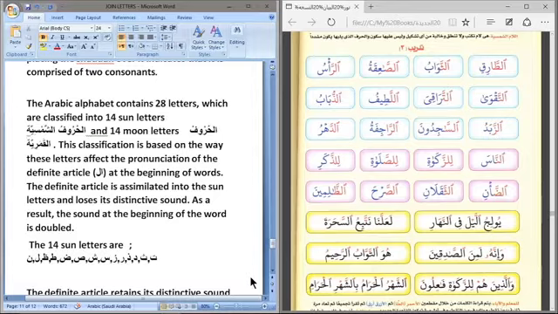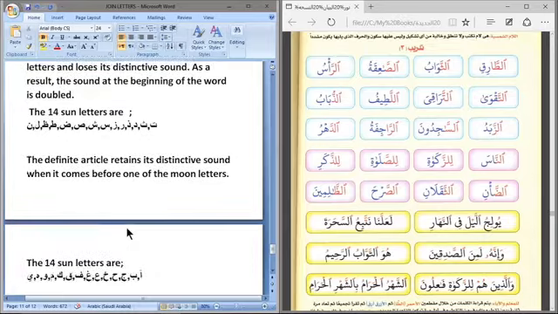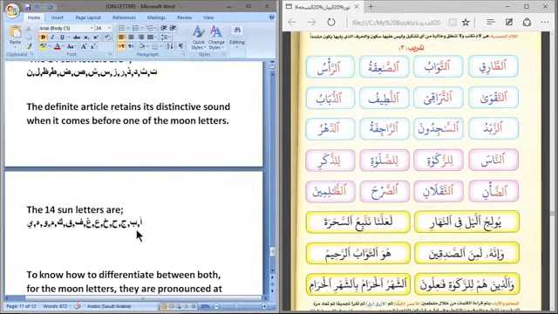So these are the sun letters that come immediately after the alif and lam, in which we are to omit the lam in pronunciation. The next are the moon letters, the 14 moon letters. The definite article retains its distinctive sound when it comes before one of the moon letters. The remaining 14 letters are known as the moon letters, and they are Hamza, Ba, Jim, Ha, Kha, Ain, Ghain, Fa, Qaf, Kaf, Mim, Waw, Ha, and Ya.